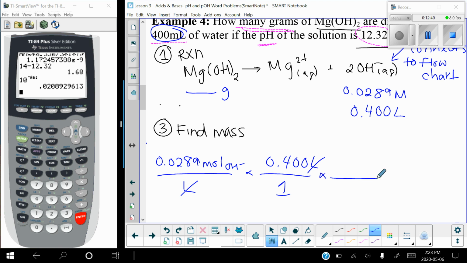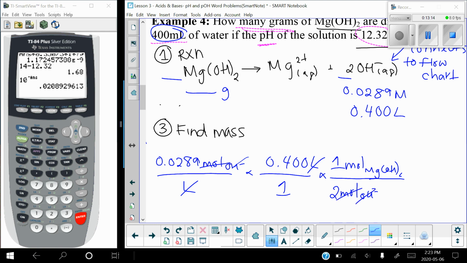From there, you're going to use your mole ratio. I have 2 moles of hydroxide and 1 mole of our unknown, which is magnesium hydroxide. Let's do some canceling out. Moles cancels out with moles.